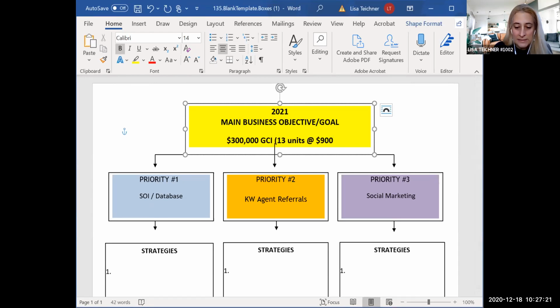Or I could just put it to the side, but this just gives me how I figured out that I was going to get to that 300. So now I actually have everything in there, because if I'm closing 13 units at 900K, times 13, that makes my volume 11.7 million. Okay, so we just figured out everything.